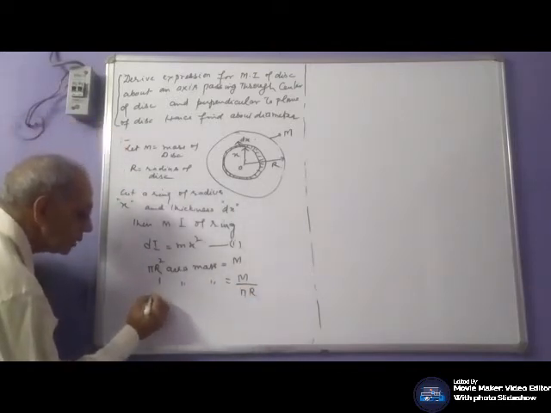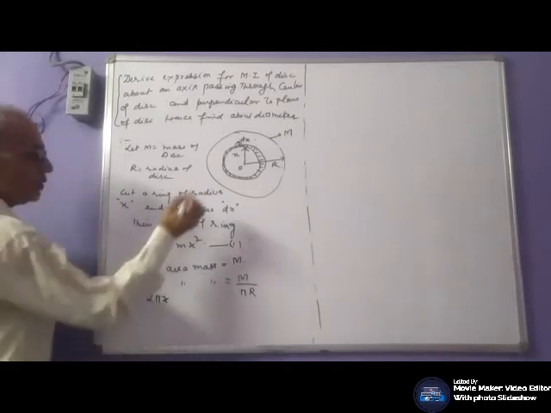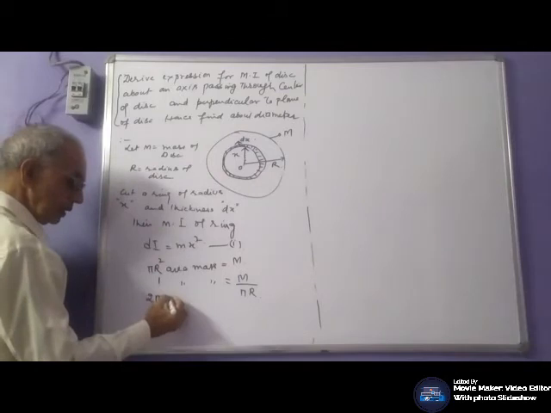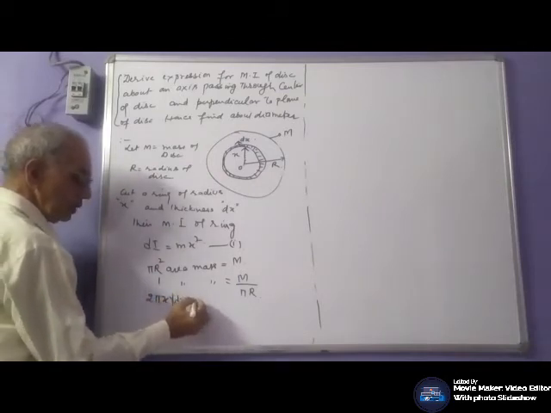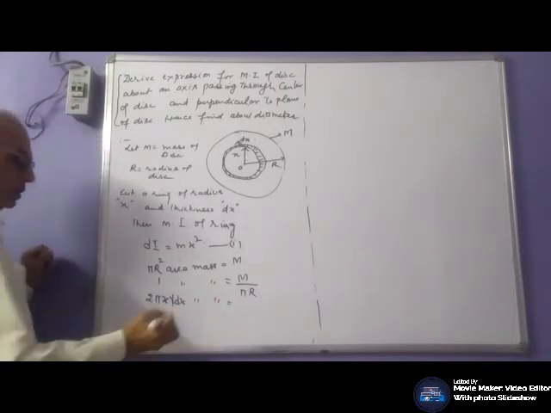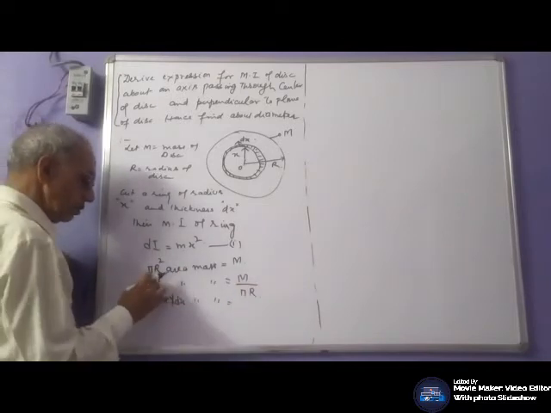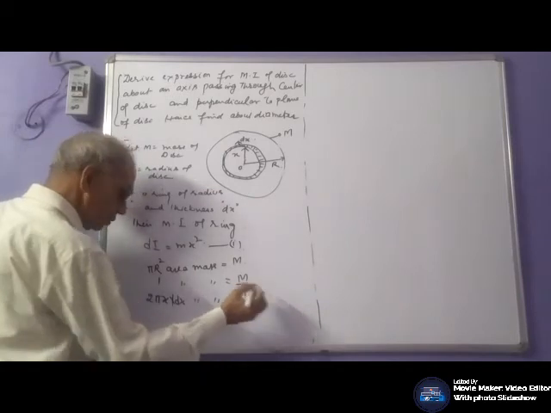Area of ring is 2 pi x, circumference of ring, length of ring, into dx. This is area of ring. Again pi r square is area, mass is capital M. One area is M by pi r square.